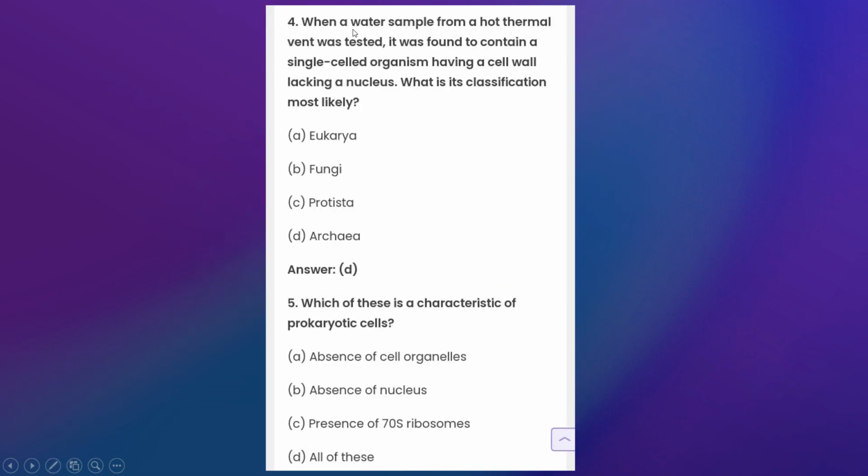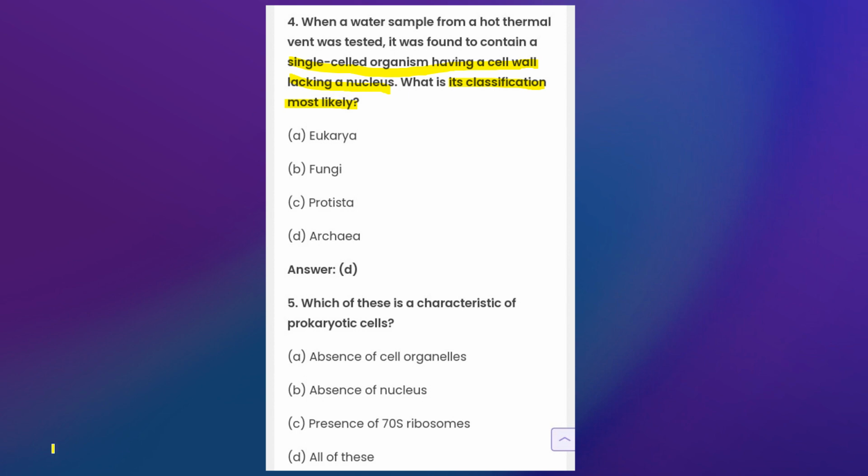Okay. When a water sample from a hot thermal vent was tested, it was found to contain a single celled organism, having a cell wall and lacking a nucleus. What is its classification, most likely?